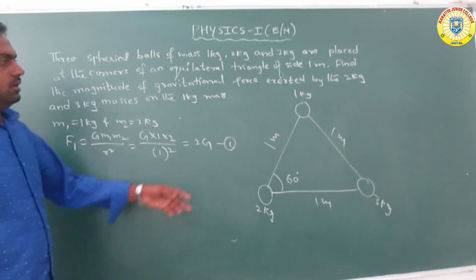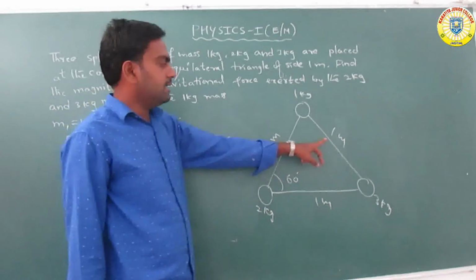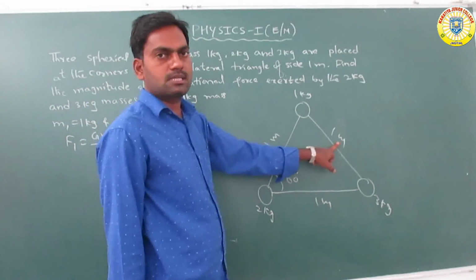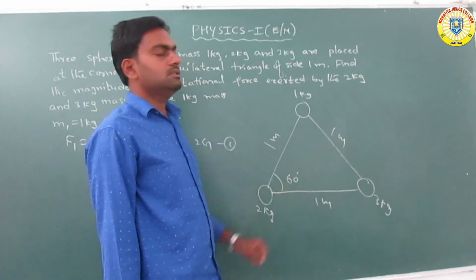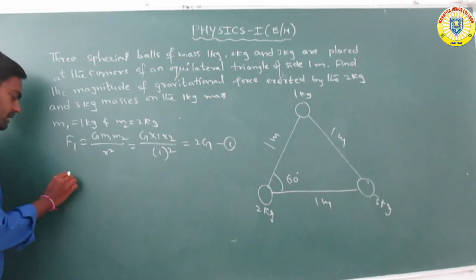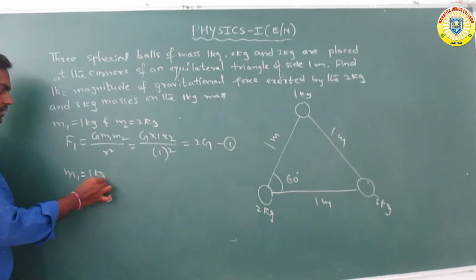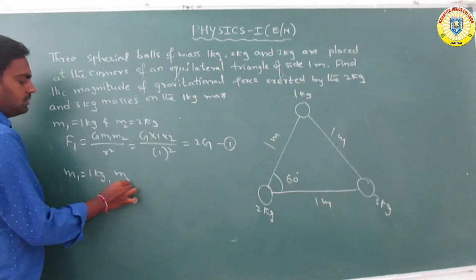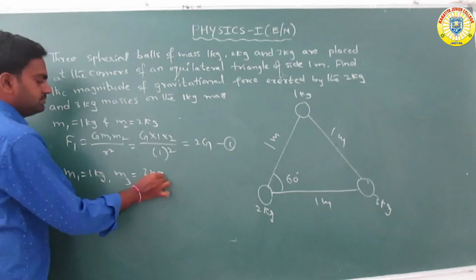And also the 3 kg body is acting on the 1 kg body. That is the magnitude of the gravitational force exerted by the 3 kg body on the 1 kg body. M1 is equal to 1 kg and M3 is equal to 3 kg.